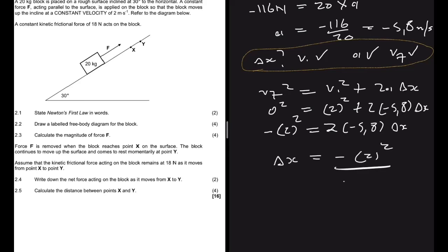Then we get minus 2 squared divided by 2 multiplied by minus 5.8, which is going to give us, let me put that in my calculator real quick. So we have 2 squared divided by 2 multiplied by minus 5.8, and that is 0.34 meters. So the distance from X to Y is 0.34 meters.